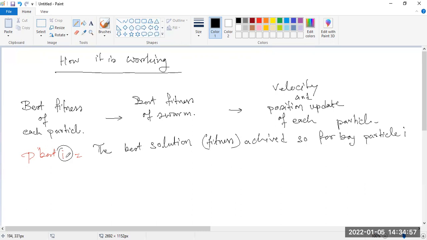I means the ith particle. And how do we know the best solution? When we compare with the previous position, we keep this for the decision vector.